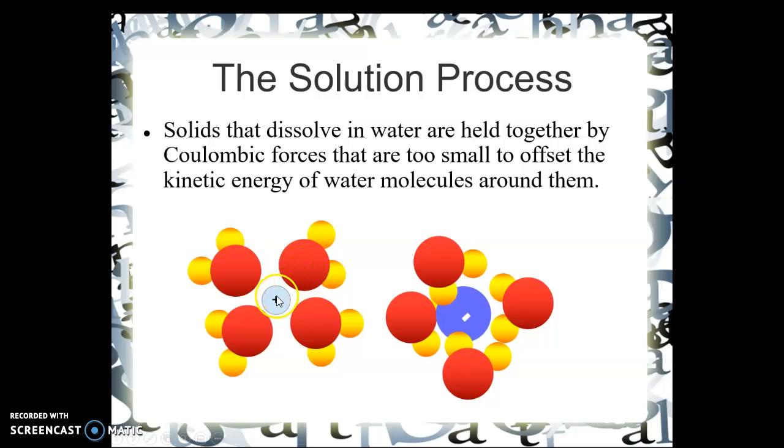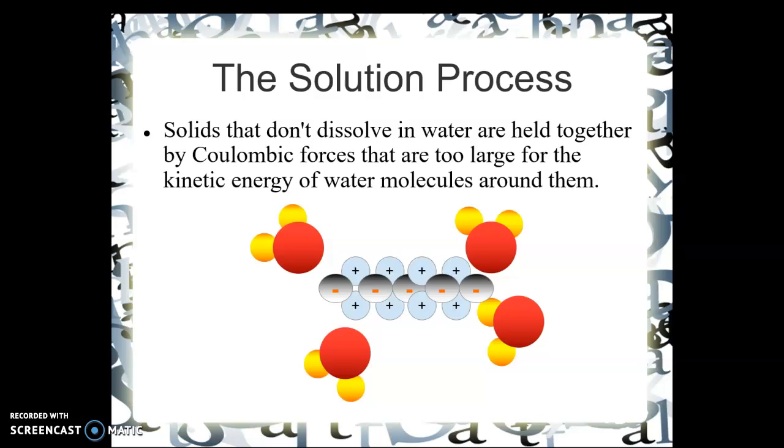Notice the negative end of the water is attracted to the positive, the cation, and the positive end, the hydrogen end of the water, is attracted to the anion. In some cases, the tests have asked you to draw these. You must draw them like this, with the water molecules oriented properly in their dipole to attract the anion or cation.